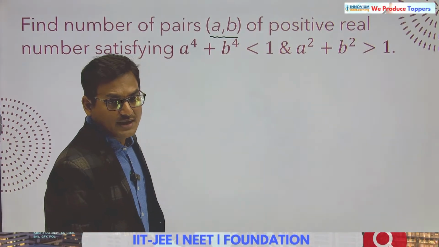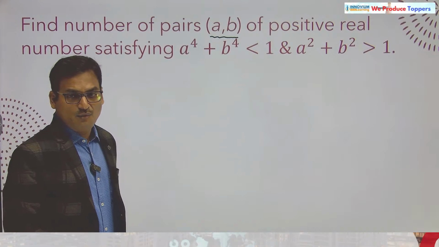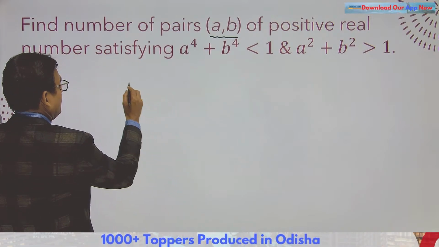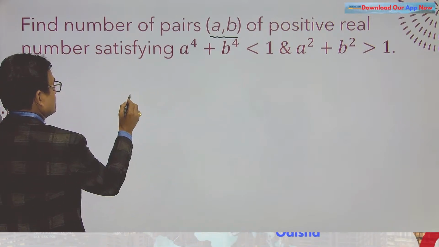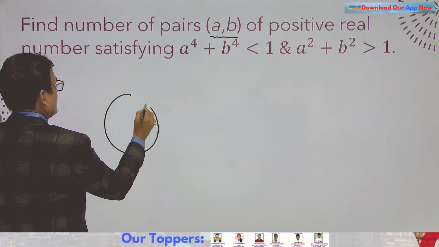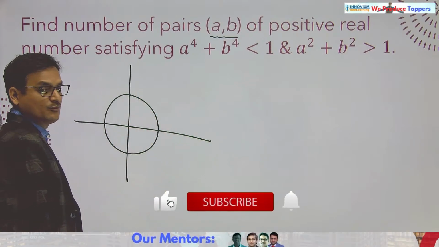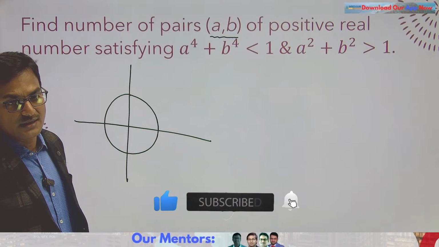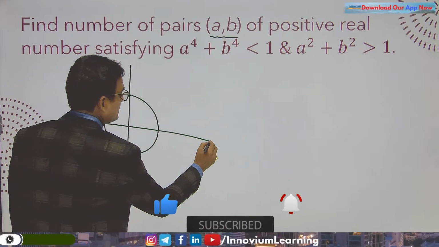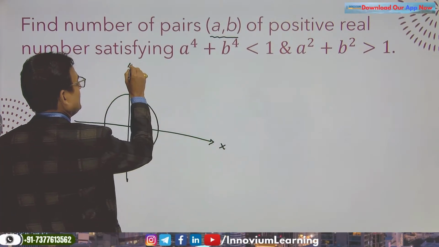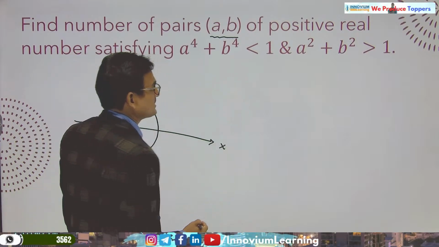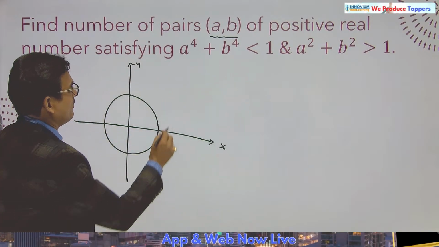So A square plus B square greater than 1. If A and B represent real numbers, A square plus B square equal to 1 will be a circle. And you must know this is a symmetrical figure. Both powers are even.